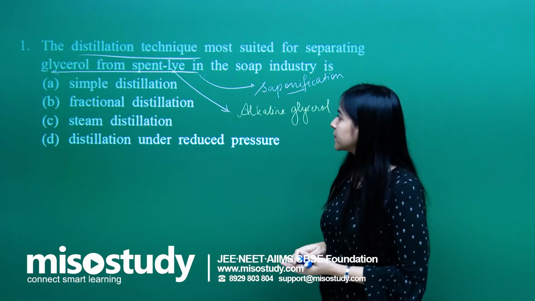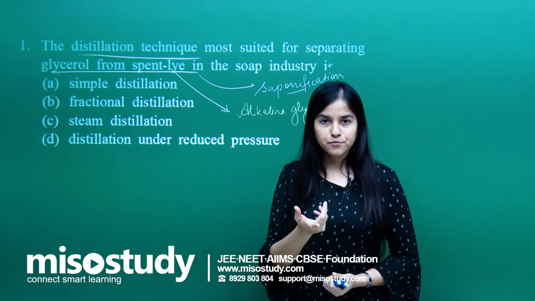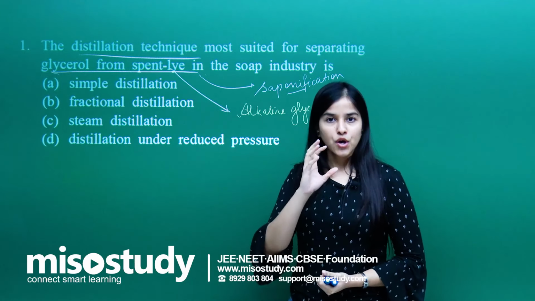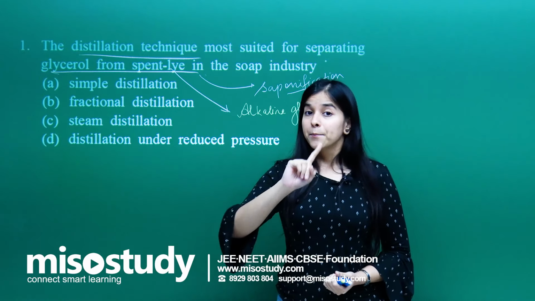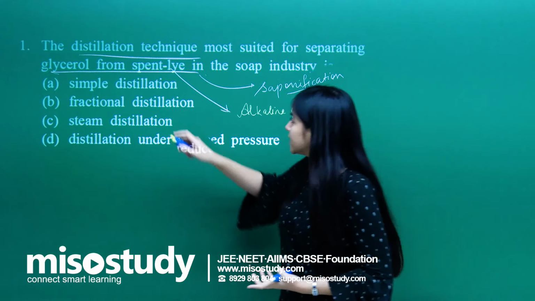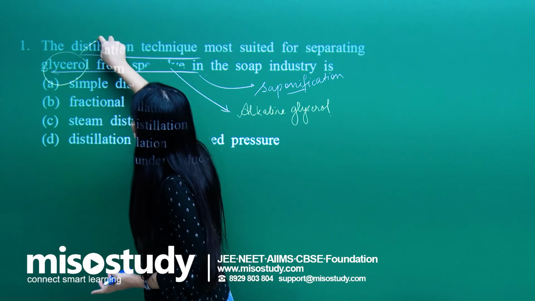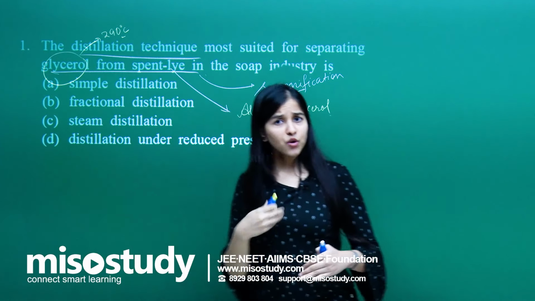For that purpose, if I go for simple distillation, that would be a cumbersome process because simple distillation requires lesser temperatures. The boiling point of glycerol is approximately 290 degrees Celsius, right? Which is quite high.